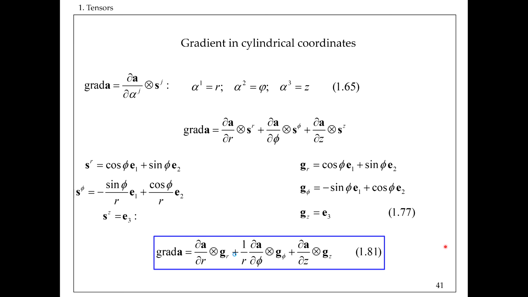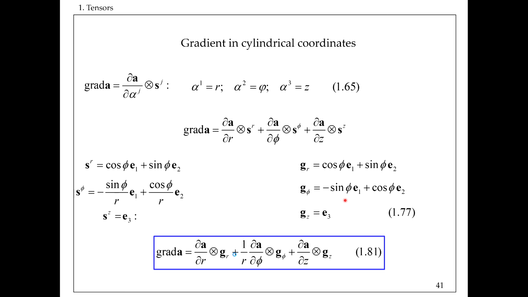One more thing is that if we look at this equation, we can notice that the basis vectors, although they are unit vectors, are not independent of the coordinates. They depend on phi. That wasn't the case in the Cartesian coordinate system when we took the derivative, for example, with respect to x1 or x2; the basis vectors, of course, didn't depend on these components x1 and x2.